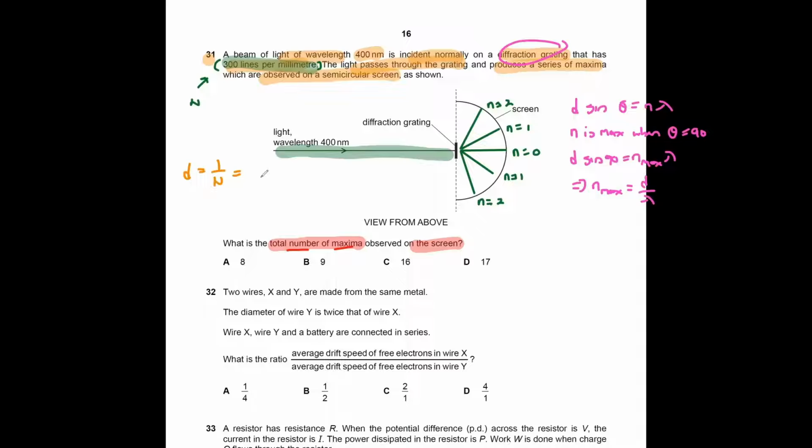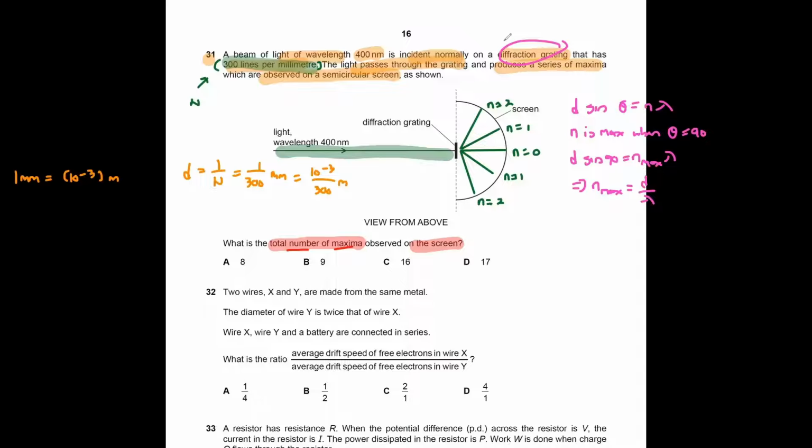So here you're basically taking 1 millimeter divided by 300 lines. This will give you an answer in millimeter. D now is in millimeter. Okay, but you want to change to meter. So you will need to multiply with 10 power minus 3 in order to change it to meter, because 1 millimeter is 10 power minus 3 meter, isn't it? So you need to change from millimeter to meter. You multiply with 10 power minus 3.